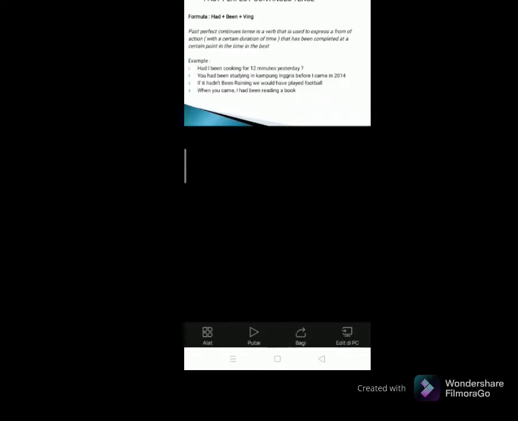So past perfect continuous tense is used to express an action with a certain duration of time that had been completed at a certain point in time in the past. And for the formula, you use had plus been plus verb ing. Remember this, had plus been plus verb ing.